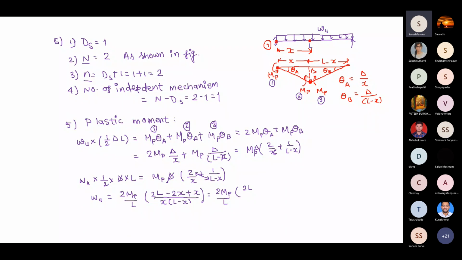So minus 2X plus X is minus X divided by X into L minus X. And we have WU finally 2 MP by L in bracket 2L minus X upon X in bracket L minus X. Write down this. If anyone have any doubt, can clear it.